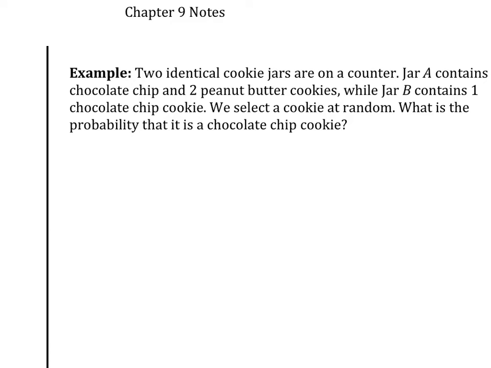All right, let's go ahead and just draw a tree diagram to represent all that information. So you start from here. This is you. You're going to first pick a jar. So the first stage is picking a jar.